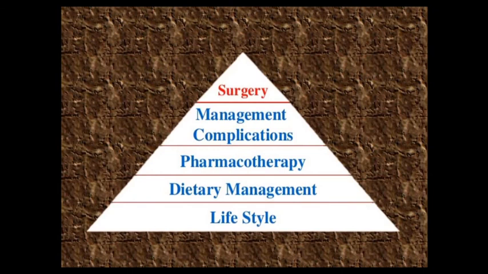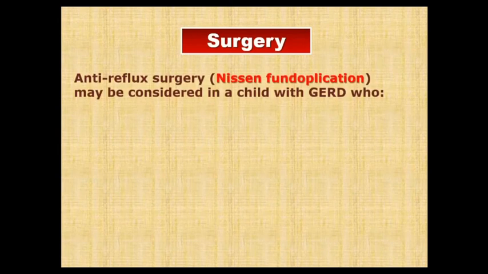Now we are at the top of the pyramid, which is the surgery. We have what's called the anti-reflux surgery or Nissen fundoplication, and this may be considered in a child with GERD. What are the indications of the surgery?